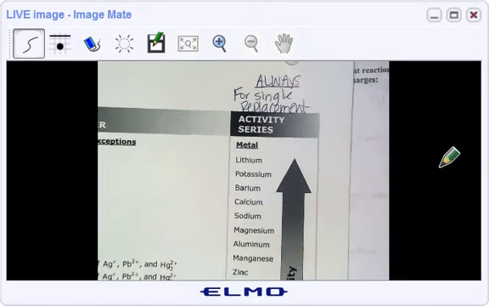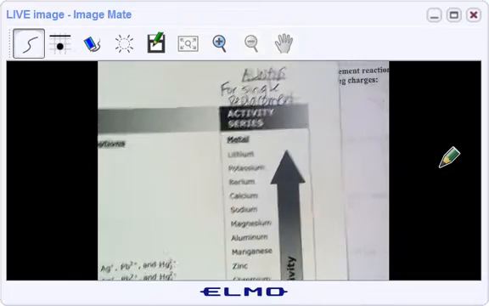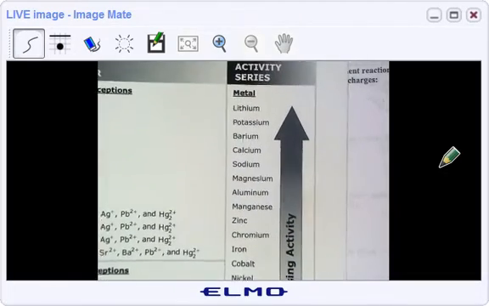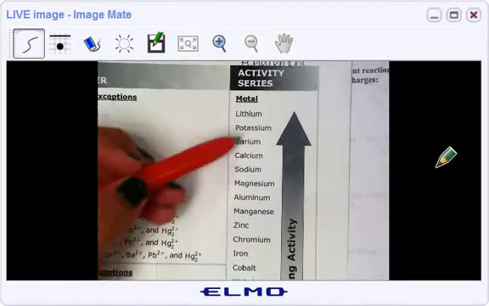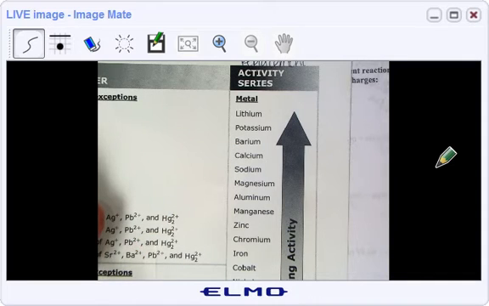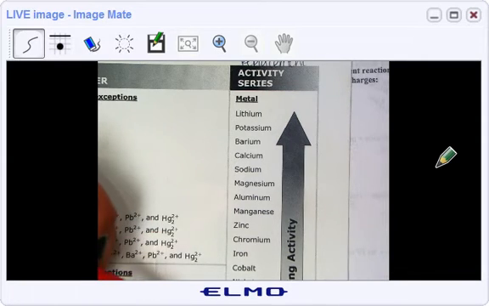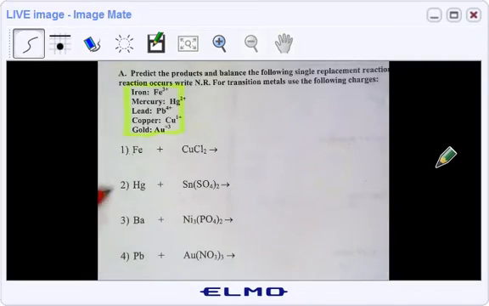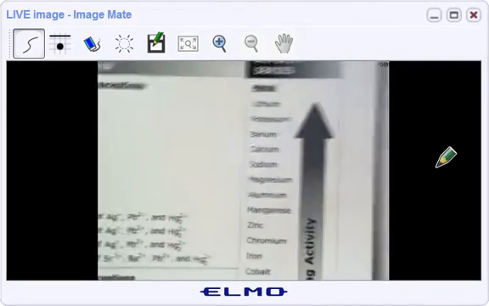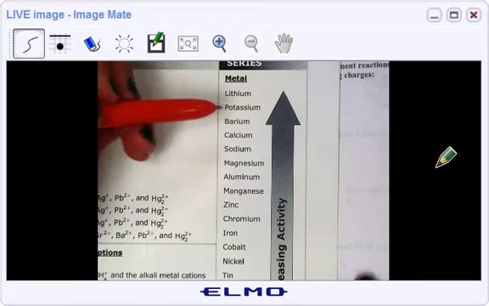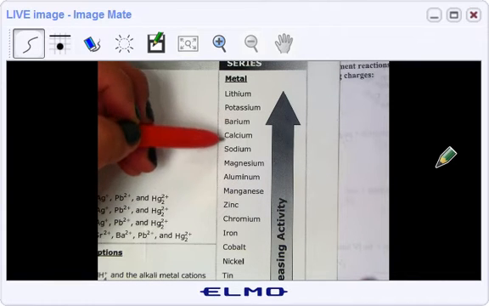Can anyone explain to me how we use the activity series? Okay, how do we read this? Does anybody want to try? I'll give you an example. So let's say in any of these single replacement problems, you are only allowed to replace another element if you're higher on the totem pole.